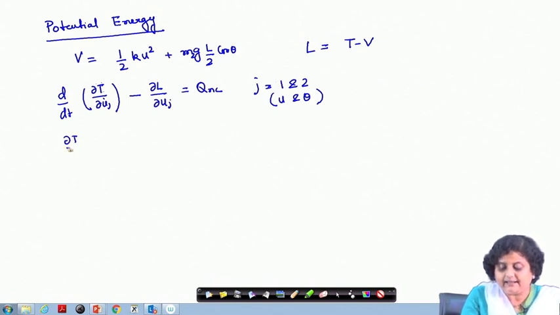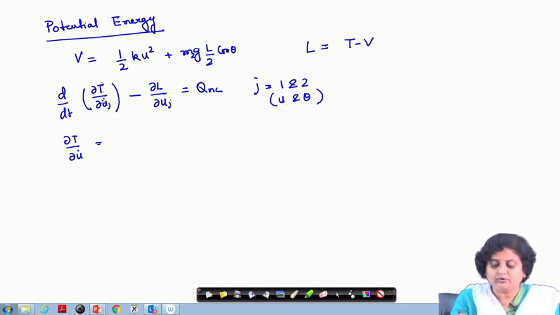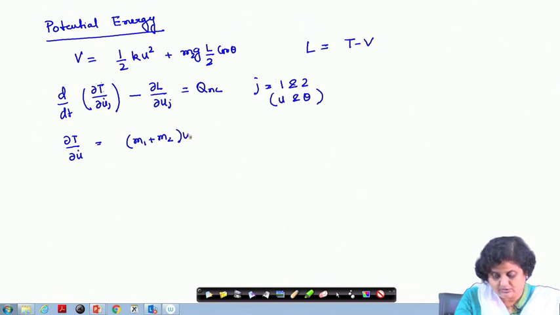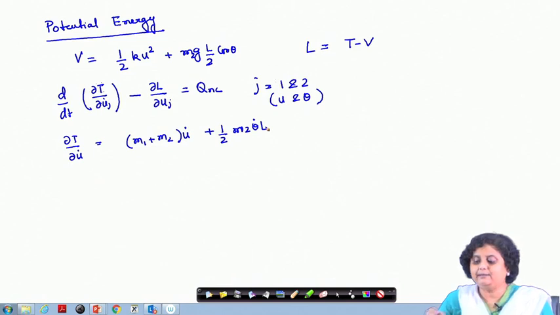Del T by del u dot: let me first do it for u1, which is u. Del T by del u dot is going to be m1 plus m2 into u dot plus something else.